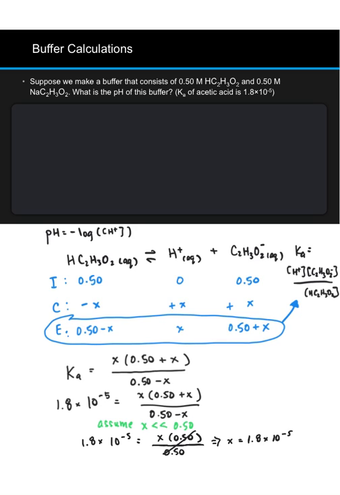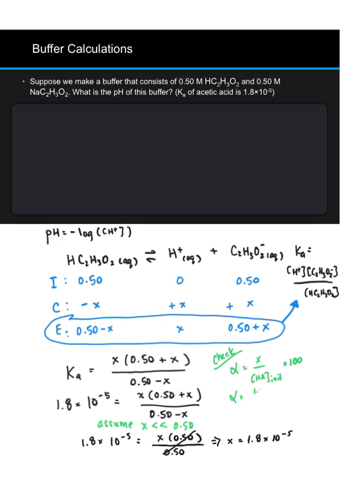As with all assumptions, we should check to make sure that our assumption was valid. We check by calculating the percent dissociation. That's X over our formal concentration, HA initial, times 100.